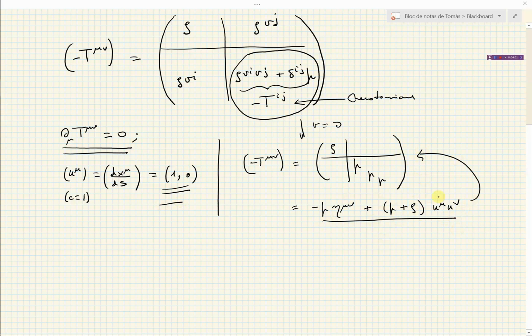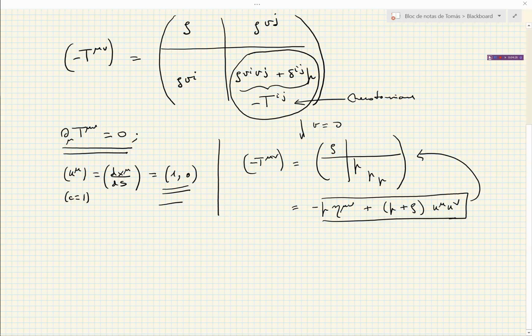And now, since all these objects are covariant, if I perform a Poincaré transformation and go to any other frame, then I should get the correct result. And this is the form of the energy momentum tensor of a relativistic perfect fluid.